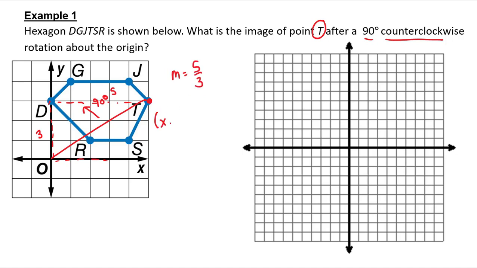We just said that an x, y point is going to change to, with 90 degrees, negative y, x. So my coordinate 5, 3 is going to change to negative 3, 5. They switch locations and the y becomes negative.